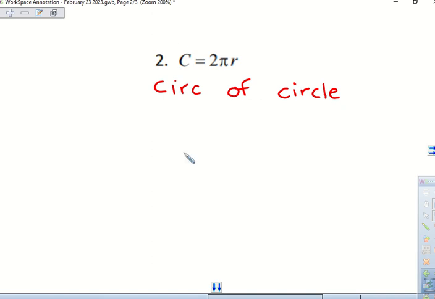So what would be the derivative of this? 1 times dC over dt. 2 pi times dr over dt. Good. So you see how both of the variables went away because we took the derivative and they were only to the first power.